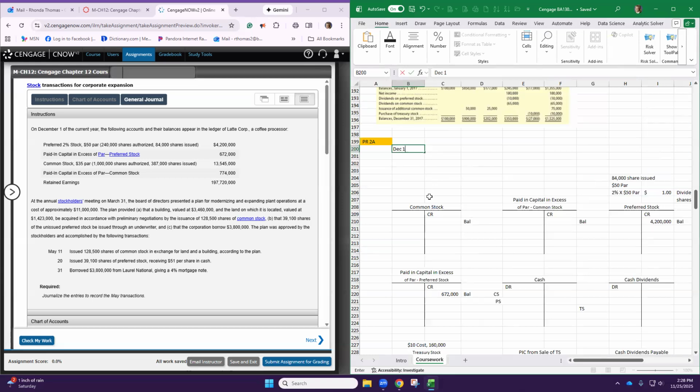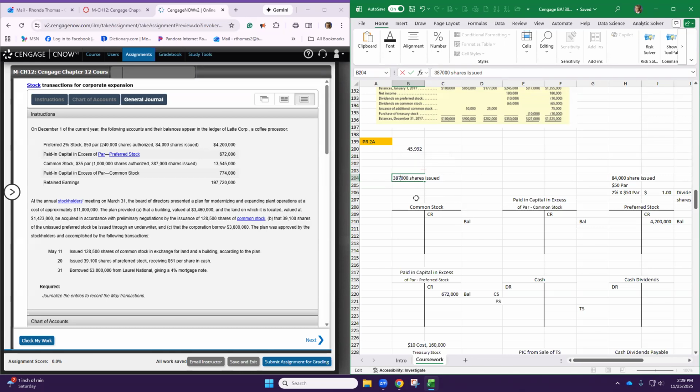All right, so this common stock has 387,000 shares issued. That's how many they've sold.